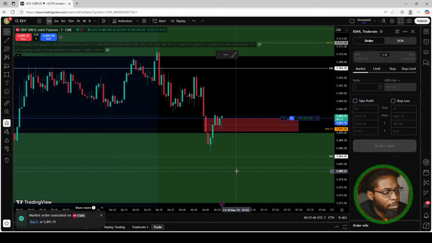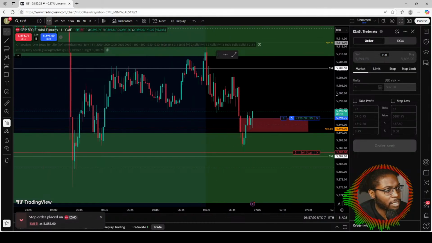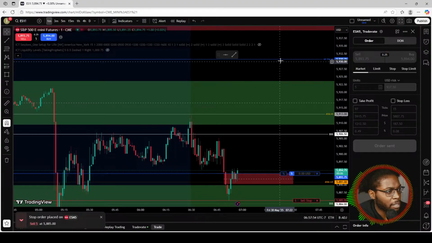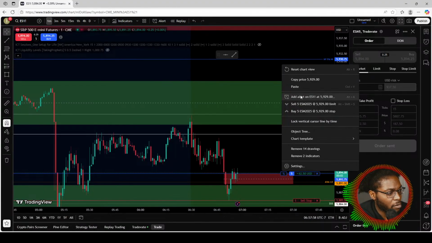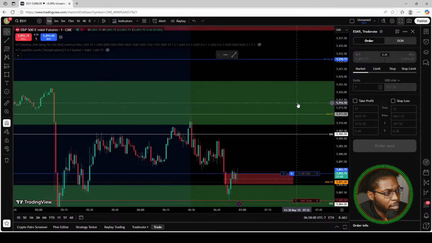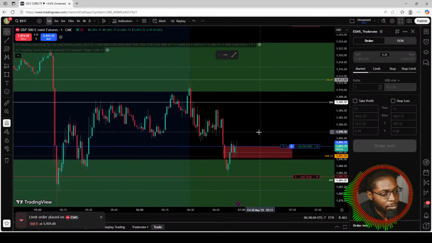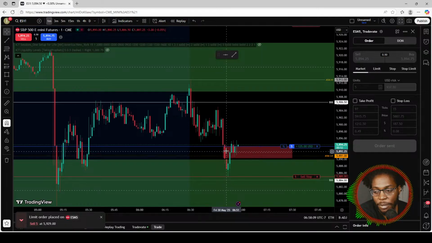Sell stop. And I low key want to see it go for the New York PM high that we have up here, this blue line. So I'll put it a little bit below that just in case it doesn't go all the way up there. But I'll probably cut this early too if we just start moving.